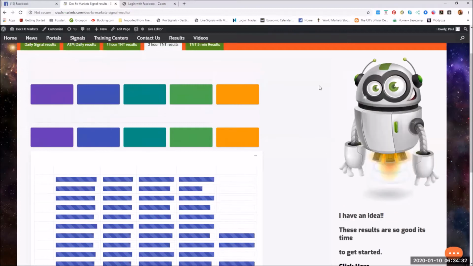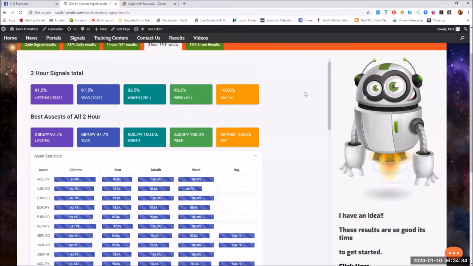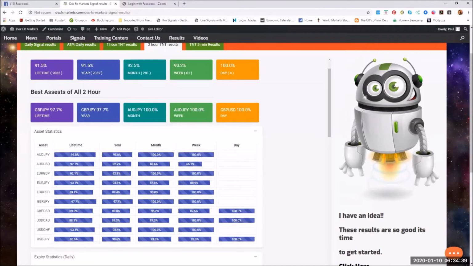2 hour TNT, that's a 2 hour trend, negate, and trade. Okay, again, nothing's fired up yet for today, for the 2 hour. Okay, the week, for those that have actually done well.